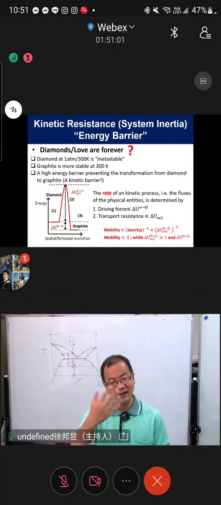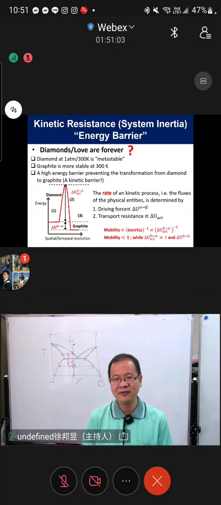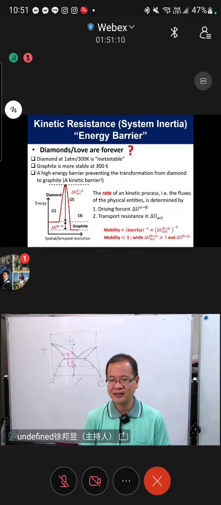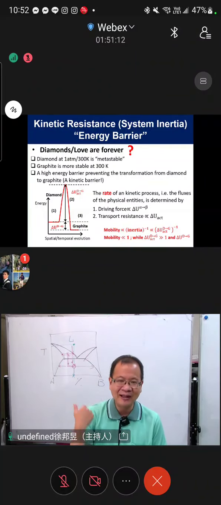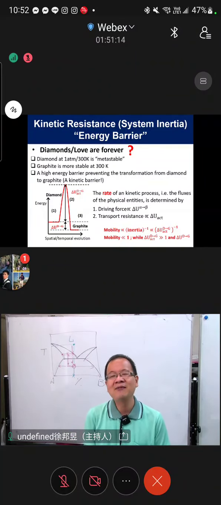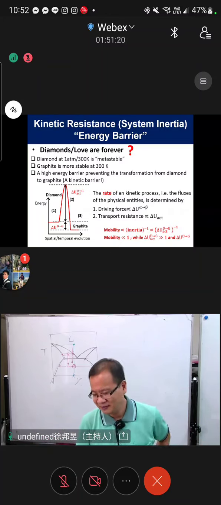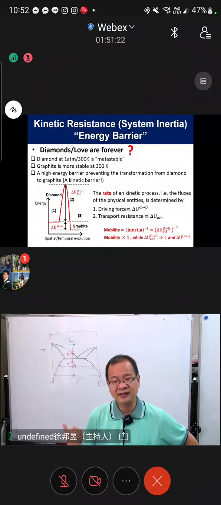All right. So the kinetic barrier is high. If your kinetic barrier is high, the barrier to divorce is really high. For example, you have a kid, you have good income, and the environment is stable. So diamond won't turn into graphite. You are safe. Okay. But this is a very classic example.